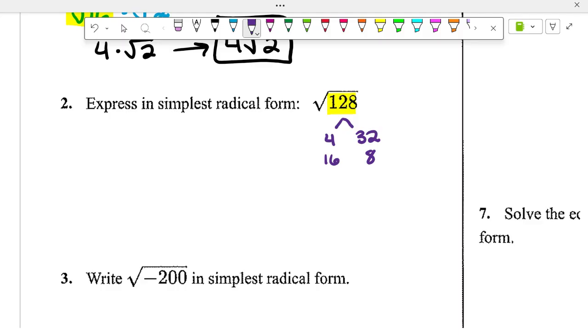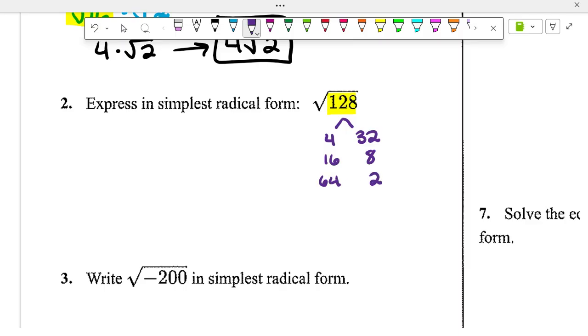No. 36? Does that work? You guys can put this in your calculator. Just do 128 divided by 36. Do you get a nice pretty number? No. What about 49? No. 64? You get 2.